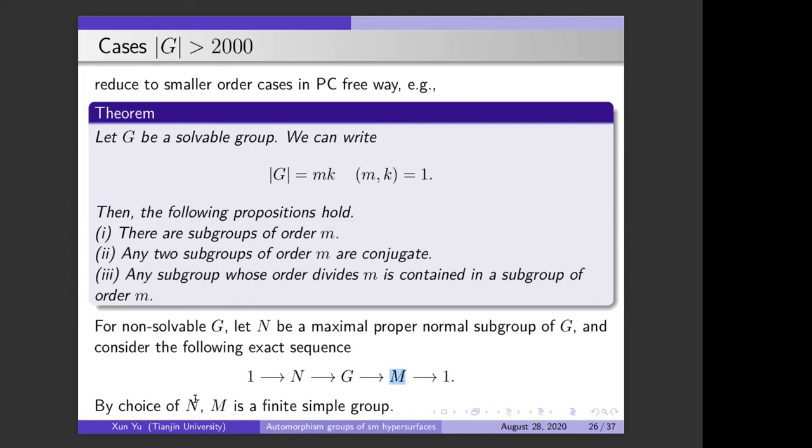By the choice of N, M is a finite simple group. We know the classification of finite simple groups, so we have good control. In both quartic and cubic cases, it turns out we can use this to handle large order cases.